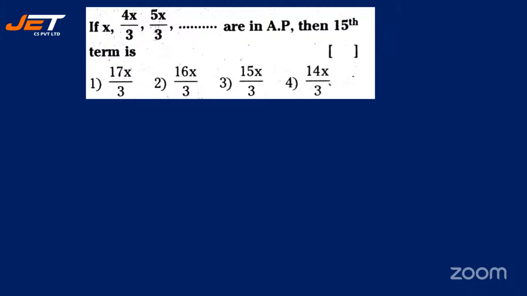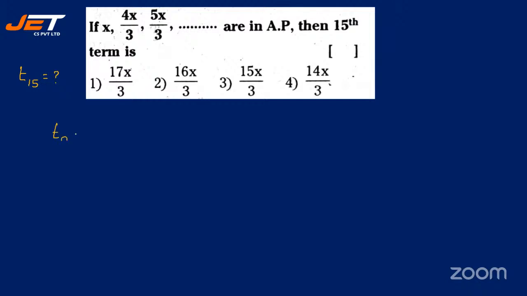If x, 4x by 3, 5x by 3 and so on are in AP, what do you need to find out? Just a second. The question is here. You have to find the 15th term, so you have to find T15.